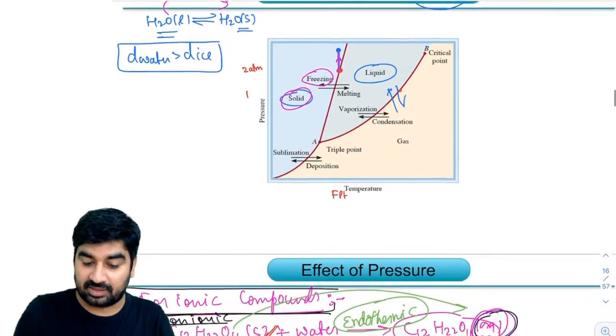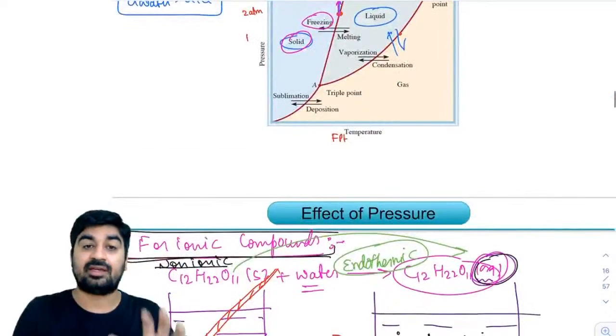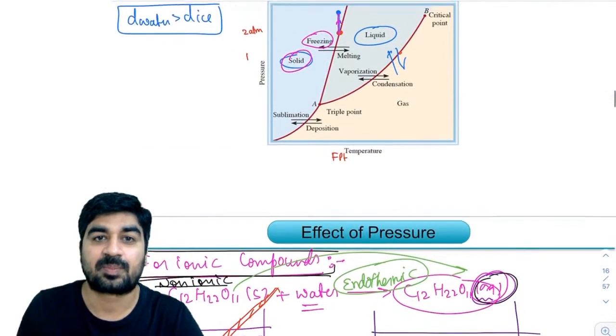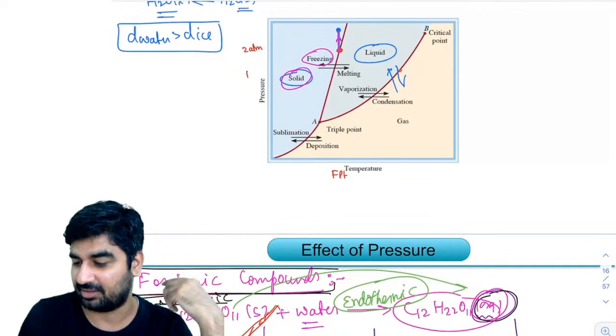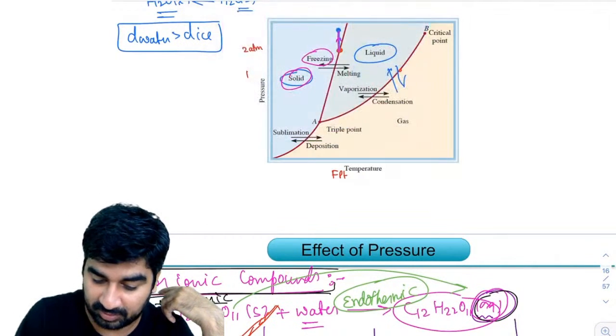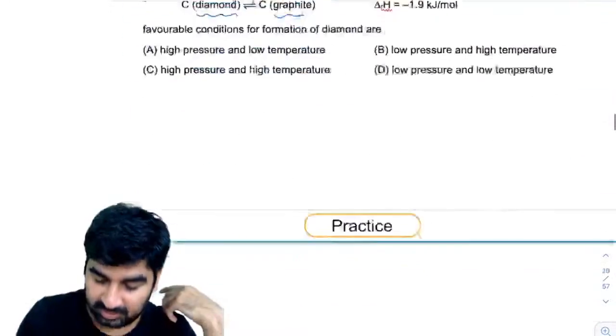So in one line I can complete it: increase in pressure will favor, or will direct, the equilibrium in the direction where density is high. Note it down, guys, it's very important.